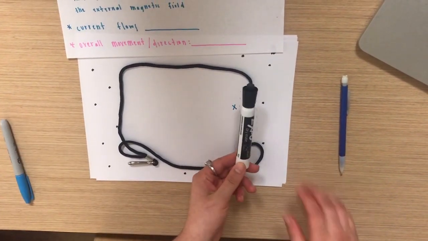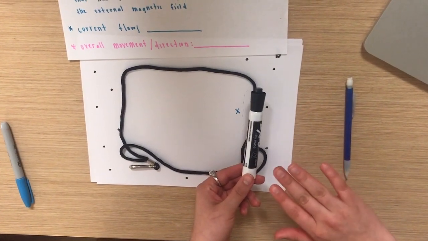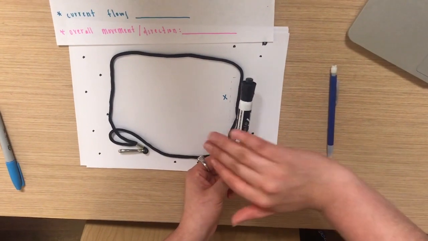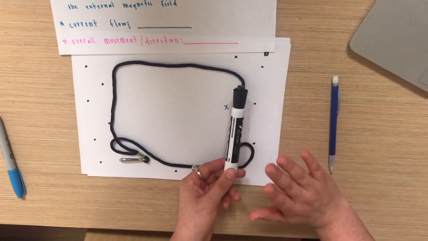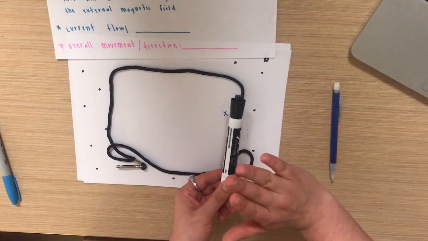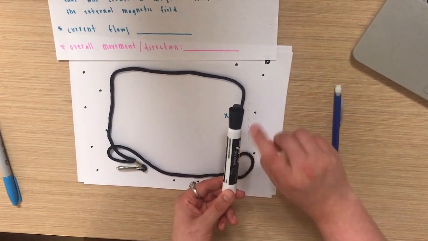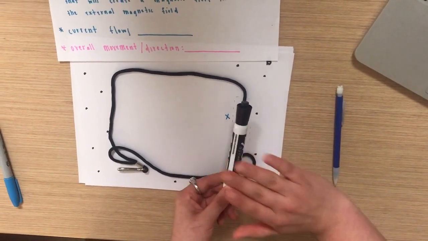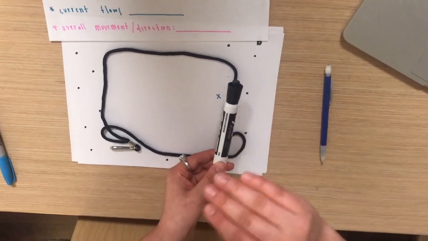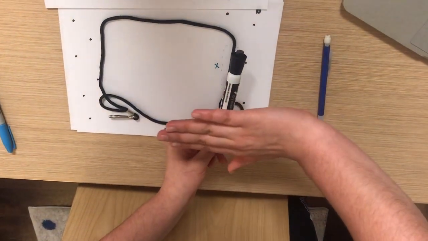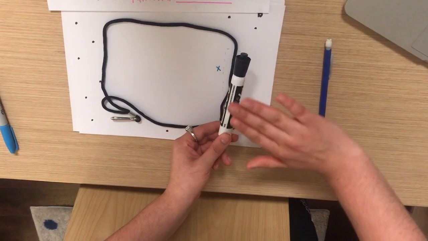If you look at this and line it up, your fingers need to go in the direction of that magnetic field. It's going out right at us because of those dots, and then it's coming back in once it hits the coil, so it's going this way. Then your thumb is going to give you the answer, because whatever direction your thumb points shows the current.